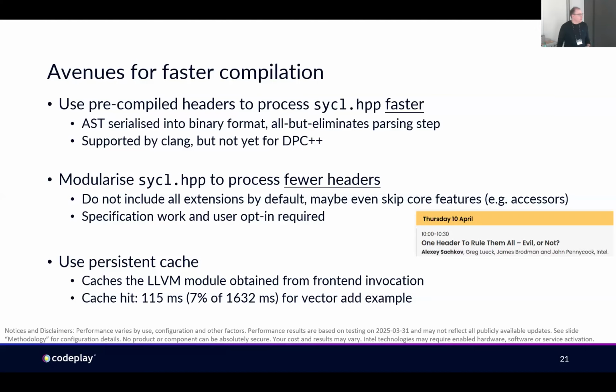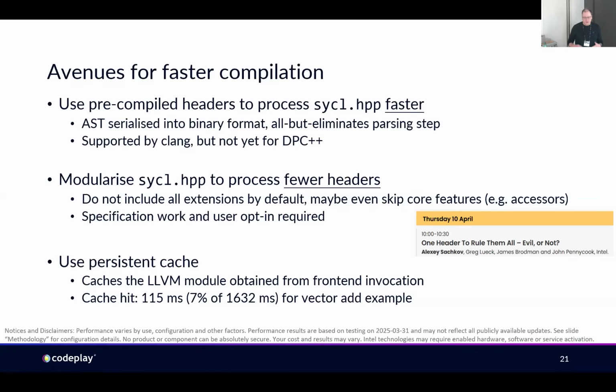Then one thing that you can do already today is using persistent caching. It's an infrastructure that the SYCL runtime offers in DPC++, and we just extended that to also work with our runtime compiler. In our case, it caches the LLVM module that we obtained from the frontend invocation.